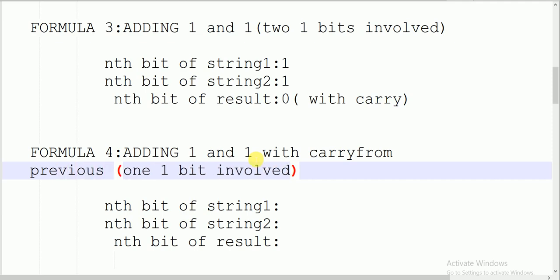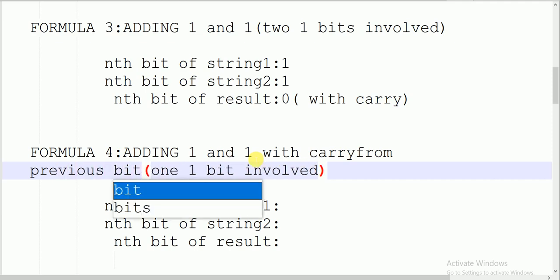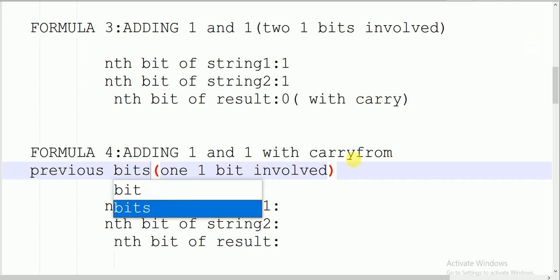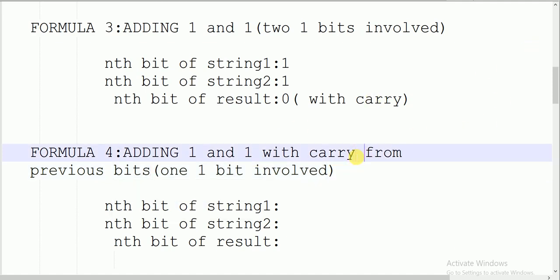Previous bits, or previous consecutive bits if you like. So two 1s from two bits, and the carry from the previous bit. So 3 ones are involved here.